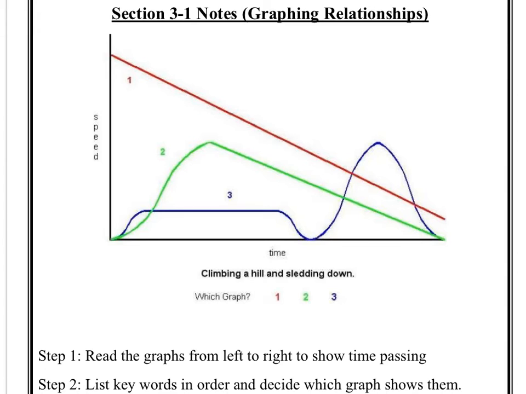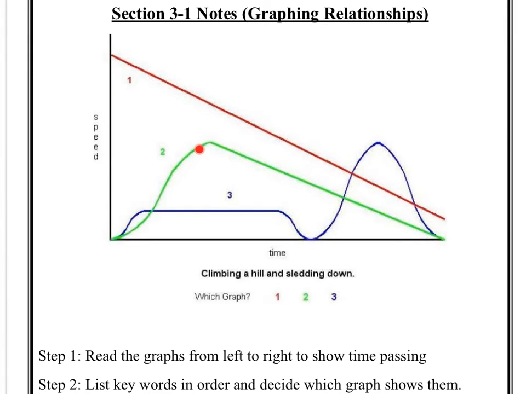As you're looking at speed versus time, on graph number 1, speed starts out high and it gradually decreases to a low speed but not 0. Whereas on graph 2, speed starts at 0, it increases to a maximum, and then it slowly decreases till we get to 0.